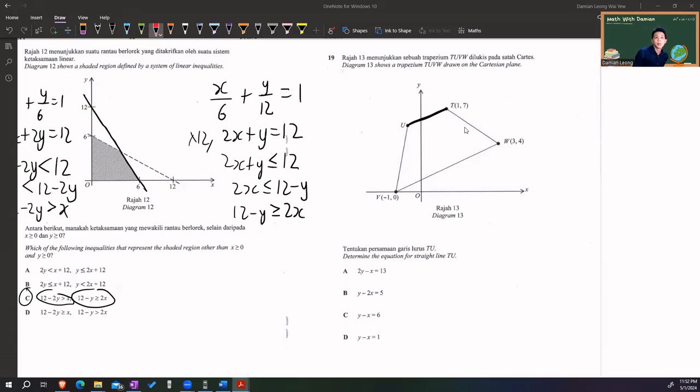Sebab itu, kita boleh cari kecerunan garis VW dan gunakan kecerunan itu untuk mendapatkan persamaan garis lurus TU. So gradient of TU is equal to gradient of VW, which is y2 minus y1 over x2 minus x1. So it's 4 over 4, which is what? Okay, great.